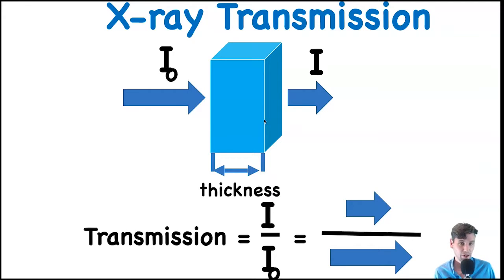We'll do so in this very simple model because it'll give us some intuition about what would happen in the human body, when the human body is a combination of many materials. We can think of those materials as basically a combination of water, air, fat, and bone. Those types of materials make up the majority of the human body.